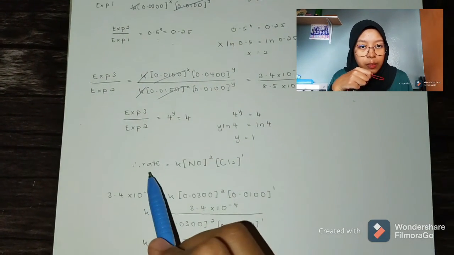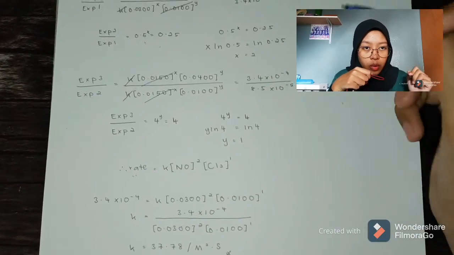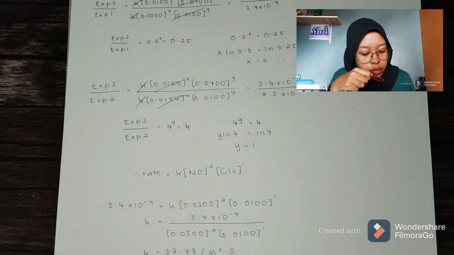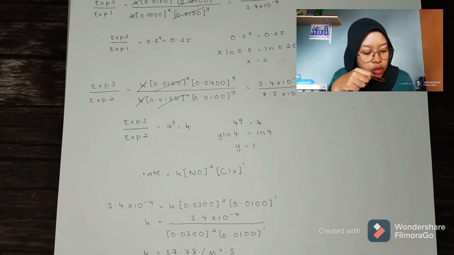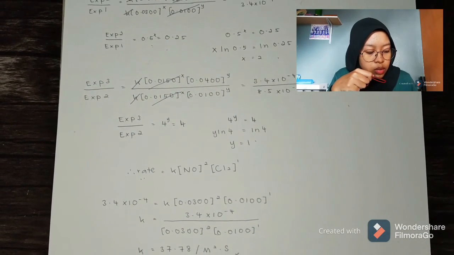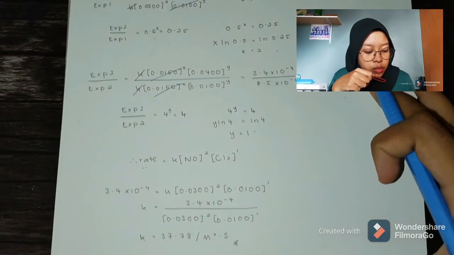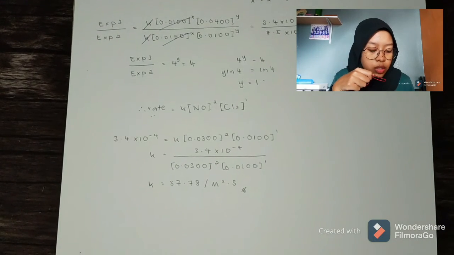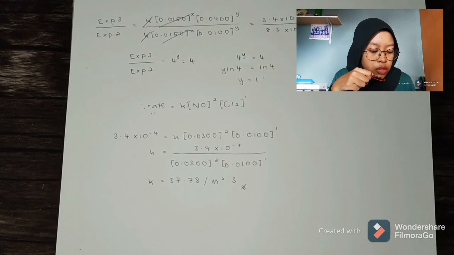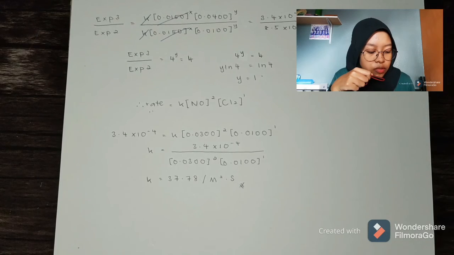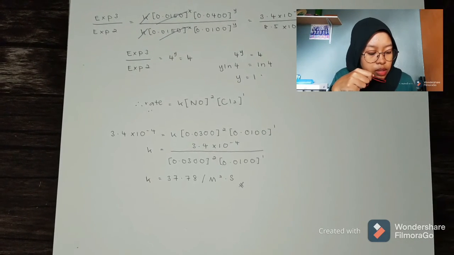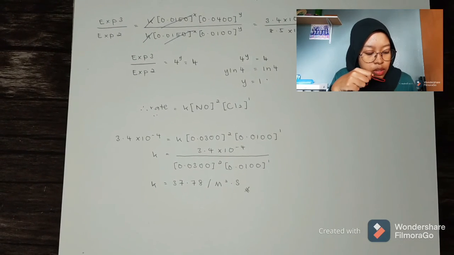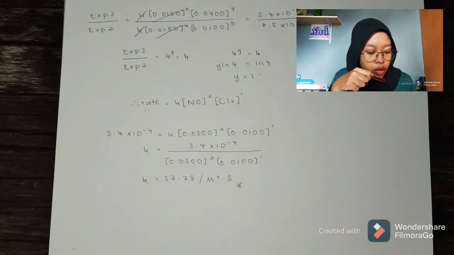So we put the values of x and y into the rate equation. We will get rate equals k [NO] to the power of 2, [Cl2] to the power of 1. Then we put in the values, which is 3.4 times 10 to the power of negative 4 equals k 0.0300 to the power of 2 times 0.0100 to the power of 1.